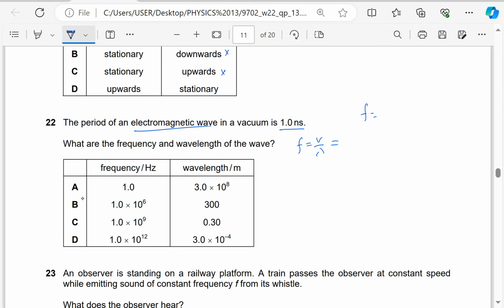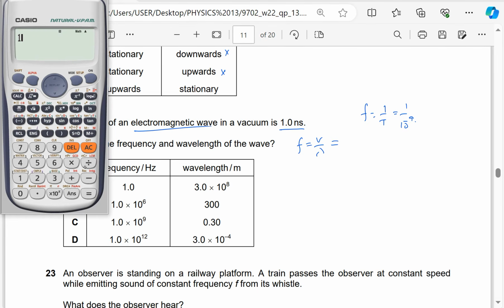Okay, we know frequency is equal to 1 over period, which is 1 over 10 to the power negative 9. 1 divided by 1 exponent negative 9.